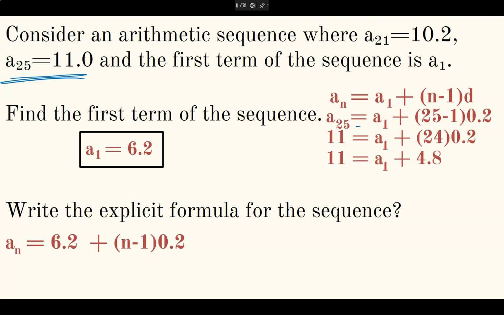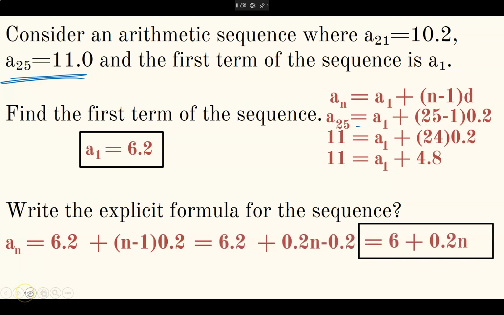Okay. What if it was a sub 0? Well, I could actually convert this. I could distribute and simplify to get it in that mx plus b kind of looking format, and that shows if it was a sub 0. Okay, it told me a sub 1, so this would be the appropriate answer for using a sub 1.